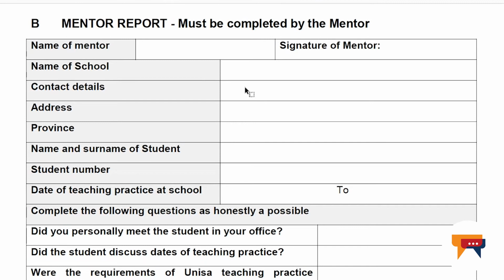I'm sorry, the contact details would be the telephone number. The address would include the zip code or the area code where the school is, the full address of the school, the province or state for an international student, the name and surname of the student, the student number, and the duration of the teaching practice at the school.